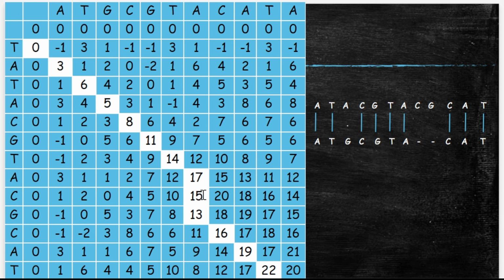Vertically, we can see that the preceding cell, which is 15, using the gap penalty, 15 minus 2, gave us 13. If we were to use the diagonal score, which is 10, it would have been a mismatch score of -1, and 10 minus 1 would have given us 9. So we can confirm here that our preceding cell is from a gap penalty.